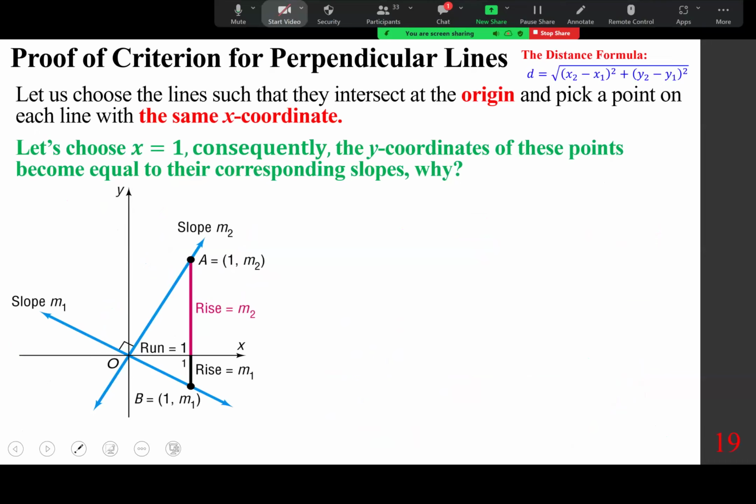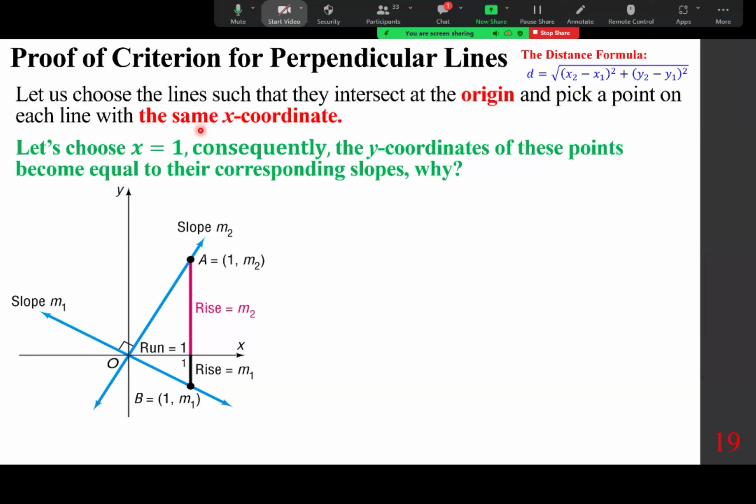So to make it easy to prove, we are looking at proof of the criterion of perpendicular lines. Let us choose the two lines to be perpendicular, such that they intersect at the origin. On purpose, we want to do that so it becomes easy to prove that. So we know this is a 90-degree angle because they are perpendicular. And pick a point on each line with the same x coordinate.